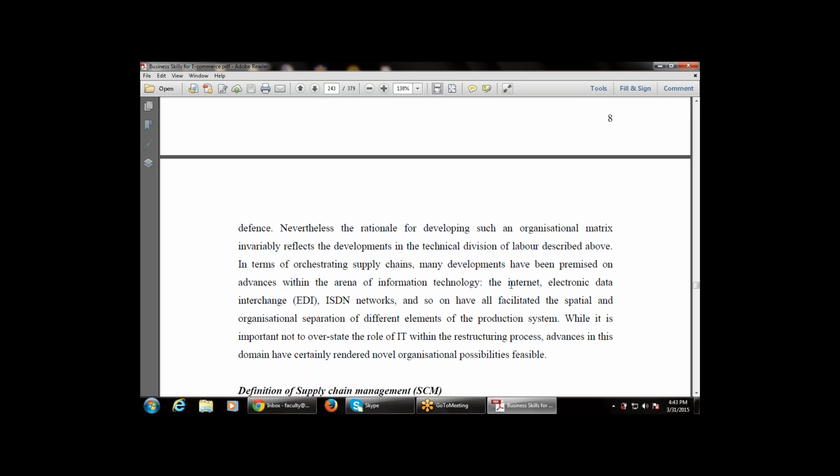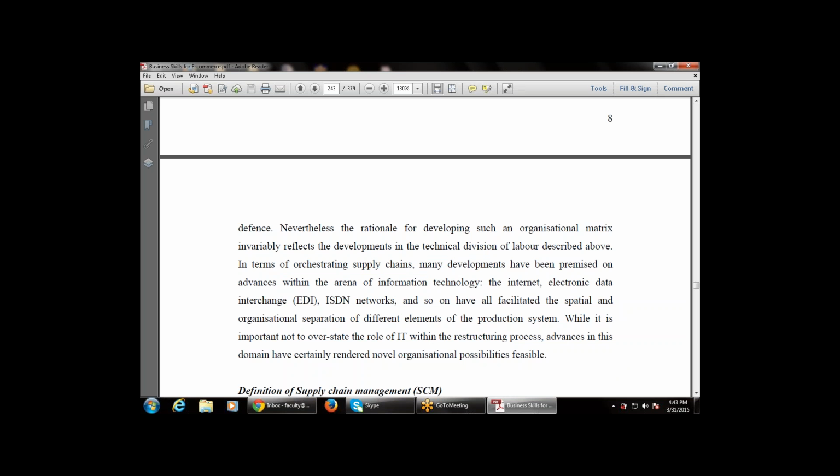Whenever there is development of supply chain management, there are new IT terms that have been used, like intranet, internet, EDI, that is electronic data interchange, ISDN network, and so on, that have all facilitated the spatial and organizational separation of different elements of the production system.